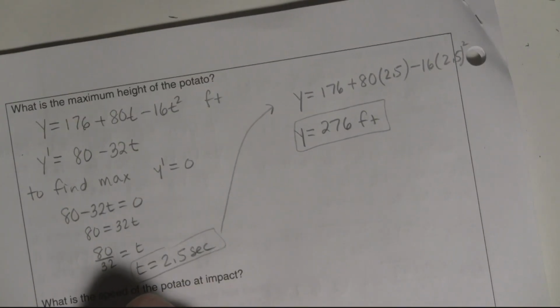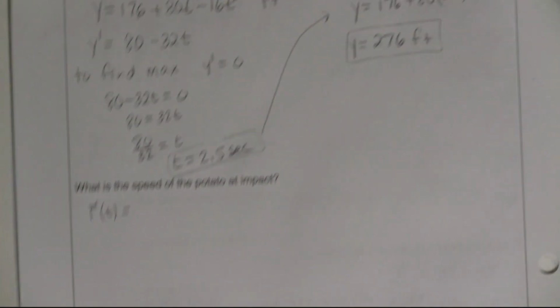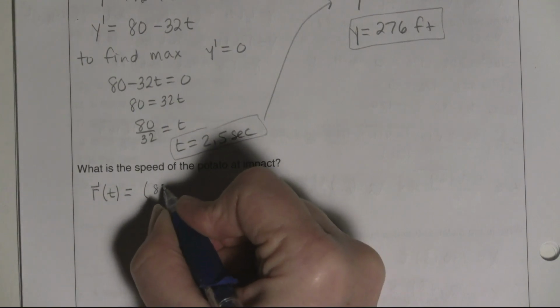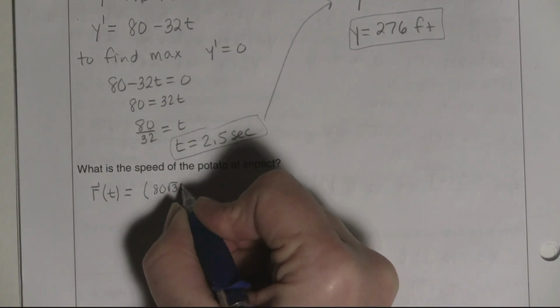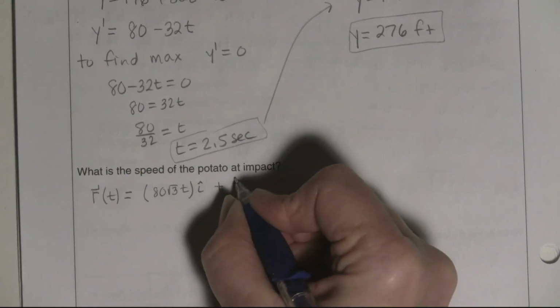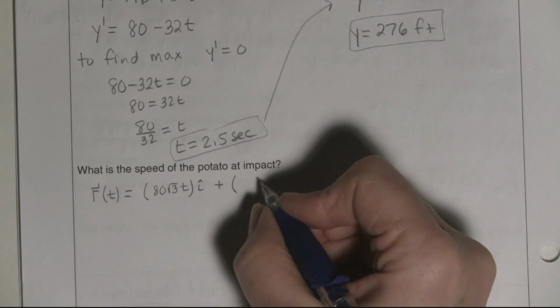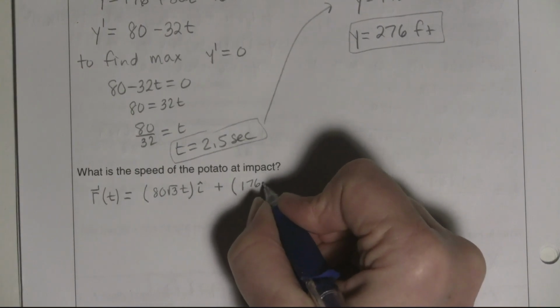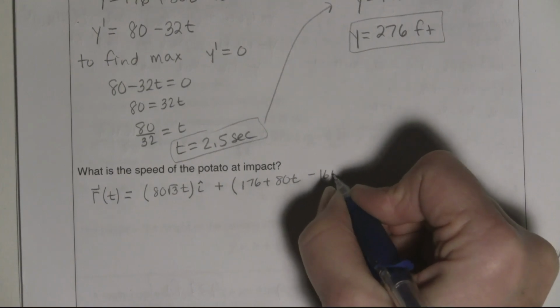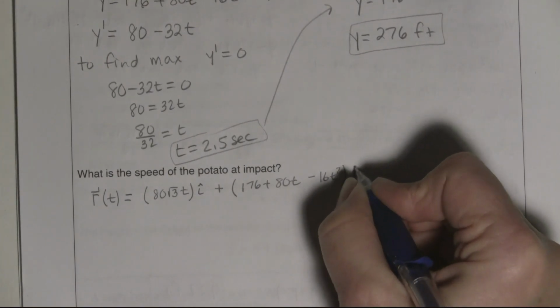So r at t equals x, which was 80 square root of 3 t i, plus y, and then we've been using y here a lot, 176 plus 80t minus 16t squared j.